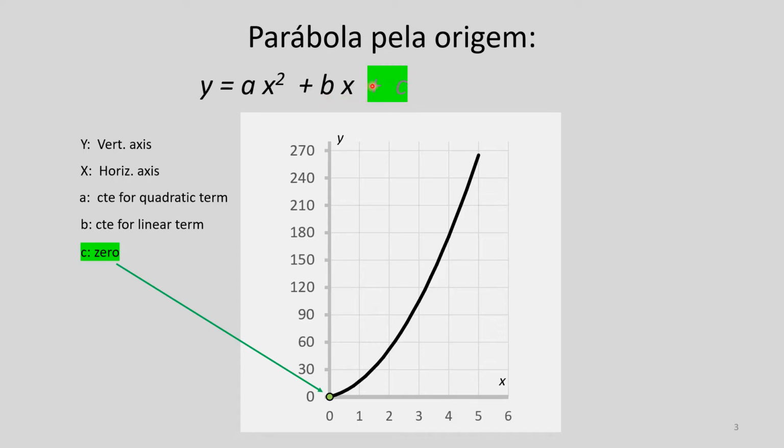But c is the point where the parabola will cross the y-axis. And because we are dealing with a situation where when you have no flow you have no pressure, the c is equal to 0 and it will disappear from the equation.